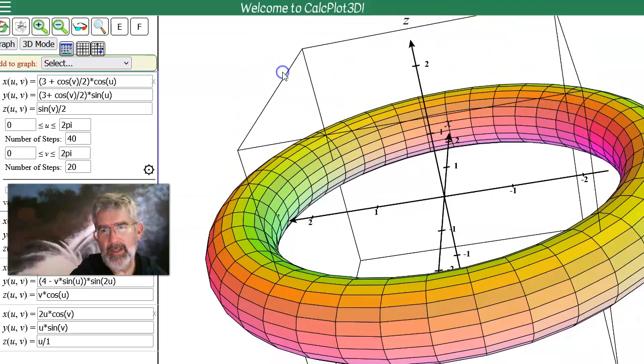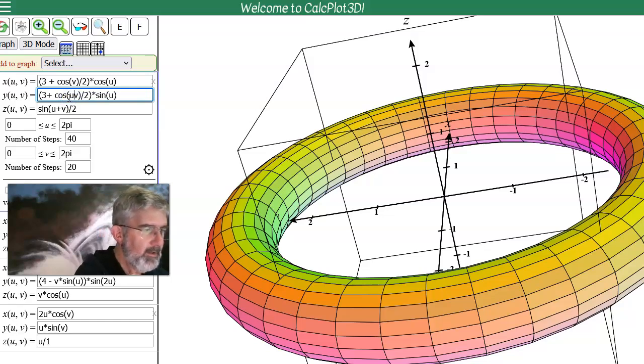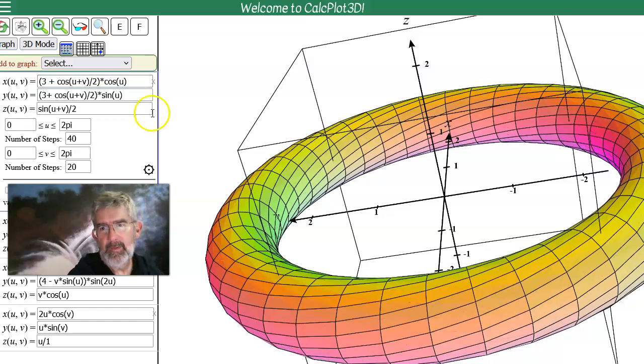And notice the grid on it, right? The grid lines are constant values of v or constant values of u. There are some really cool things that you can do with a torus here. For instance, I'm going to switch from v's in here to say u plus v. And enter.